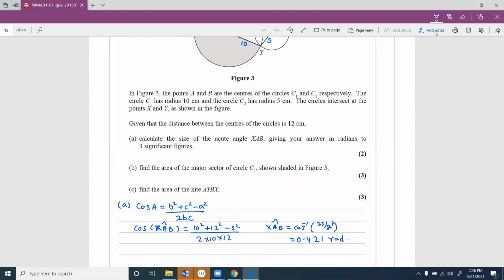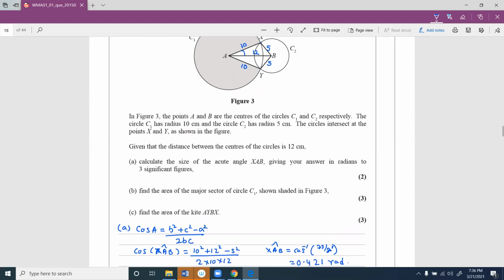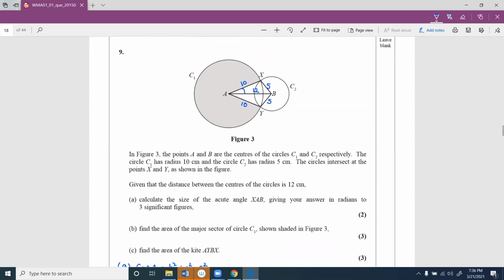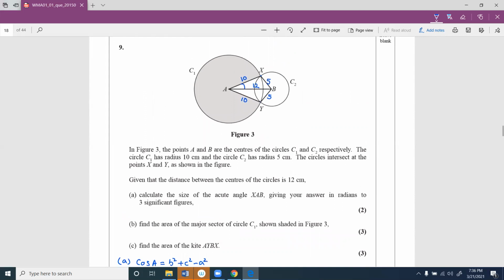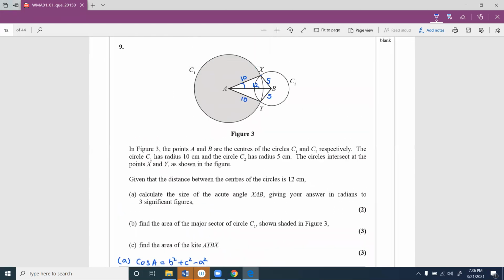Then the next part is we need to find the area of the major arc sector of C1, shown shaded in the figure. Over here, this part is 0.421. And we know there's a symmetry, so this part is also 0.421. Then we need this angle. We know that the whole angle is 2 pi.